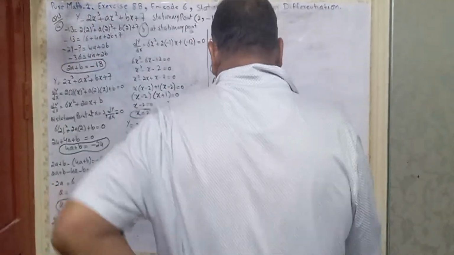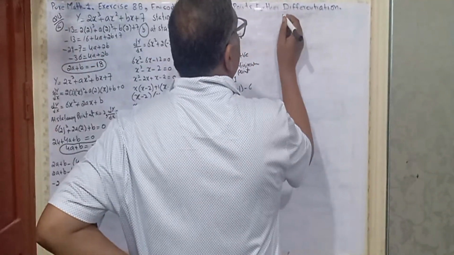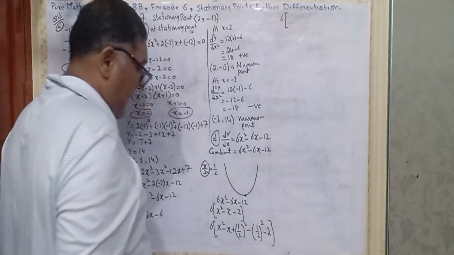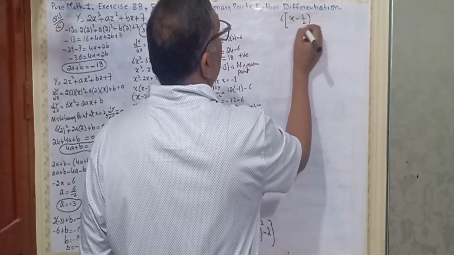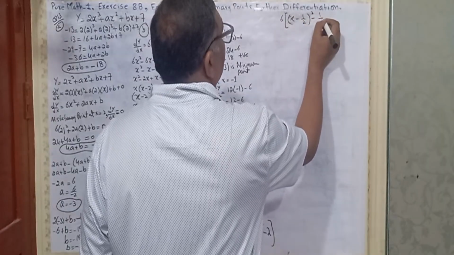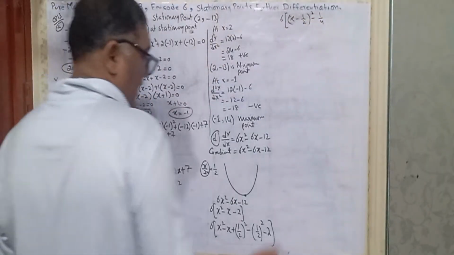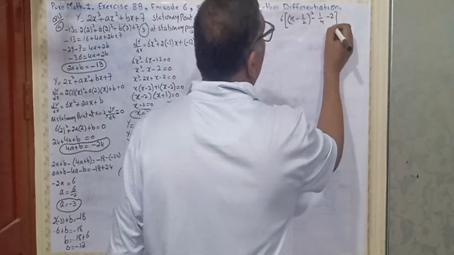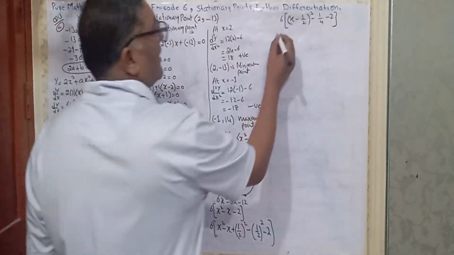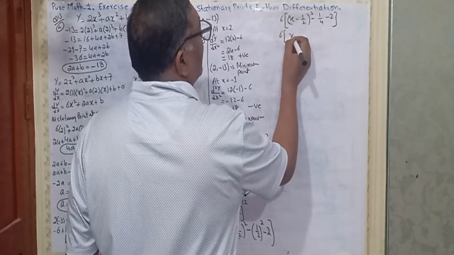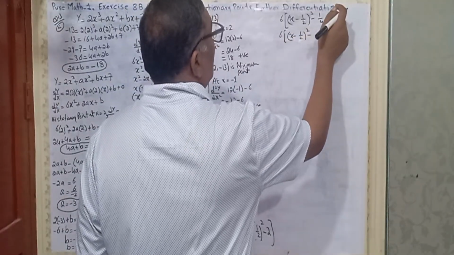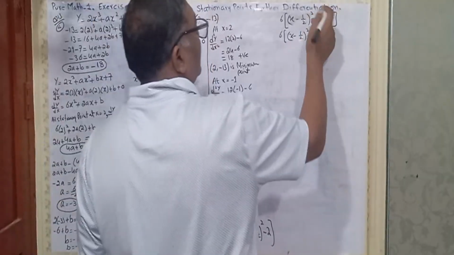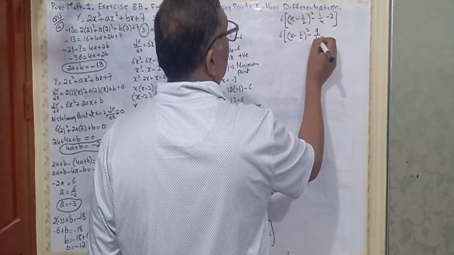Okay. Now this will become 6 bracket, and this will be x minus 1 by 2 and its square. This is minus 1 by 4. And then you have minus 2. Okay. So you will have 6 bracket x minus 1 by 2 whole square minus, this is 4. 4 2s are 8, 8 and 1 9, 9 by 4.